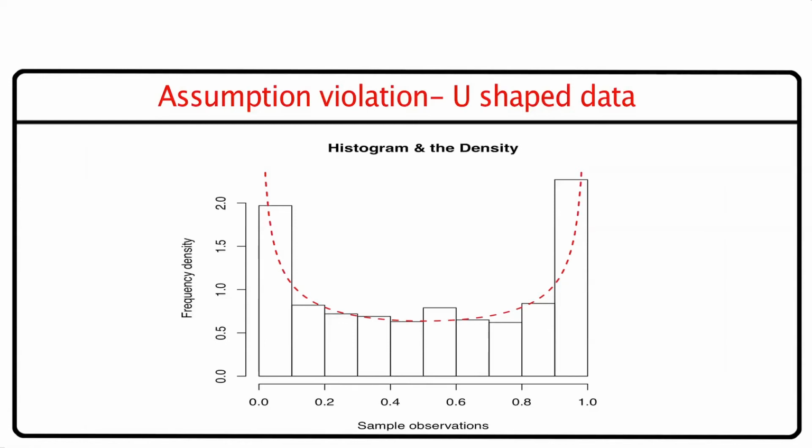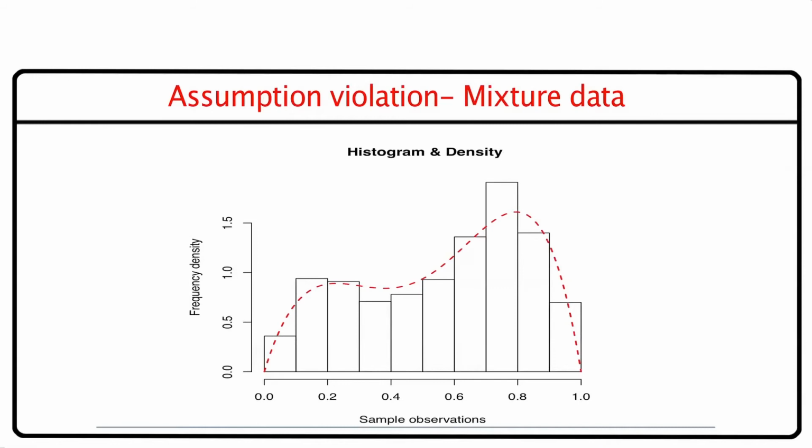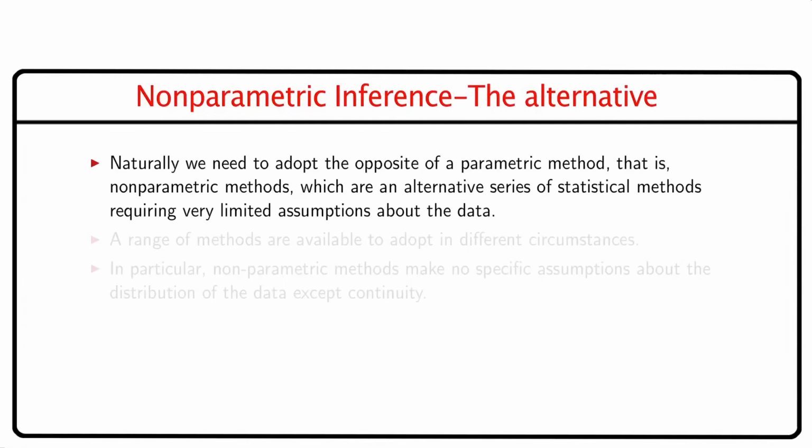Finally, there could be mixture data where we may have two peaks or three peaks, and here also the normal assumption is not valid and we can't use the t-test. So what do we do in such cases if we have data from a log normal, exponential, or gamma distribution? If we know the parent distribution, then we can use the appropriate parametric methods.